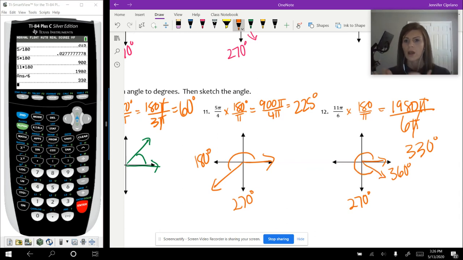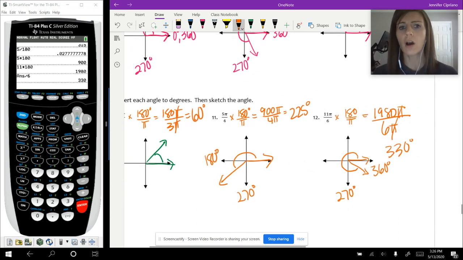Okay, so whenever you're sketching an angle, whenever you rotate, you always rotate up from 0 degrees. So if I was rotating to 90, I would stop at the y-axis. To rotate to 180, I keep going, rotate to 270, and then 360 would be all the way back around.